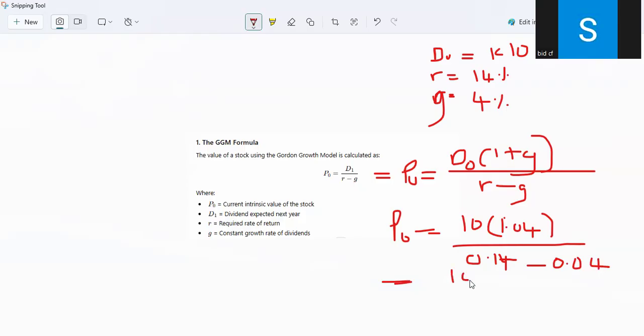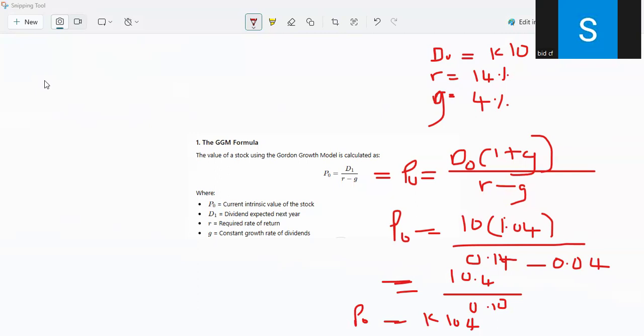So what we get here is 10.4 over 14% minus 4%, which is what? 10%, 0.10. So what we get as our intrinsic value is 104 kwacha. That's how we calculate the intrinsic value.